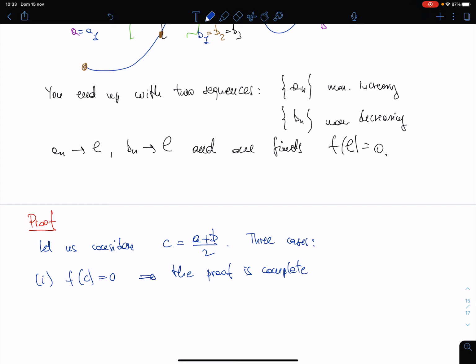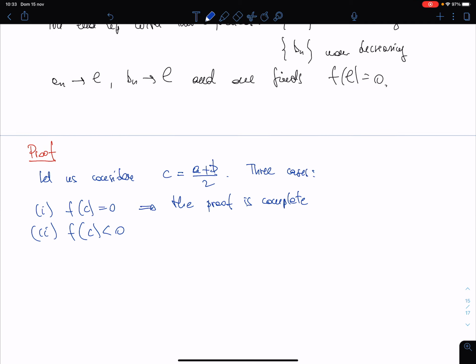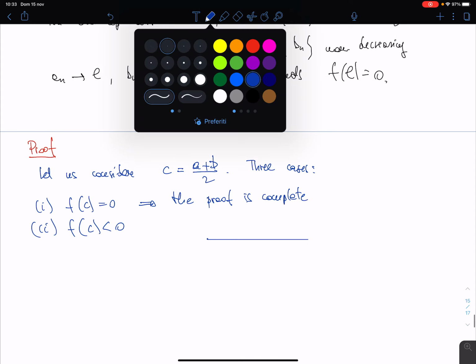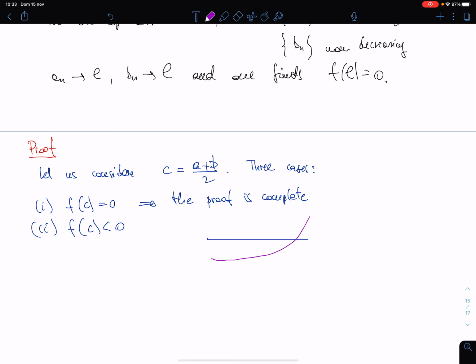Second case is f of c is less than 0. This is the situation, here you have c.